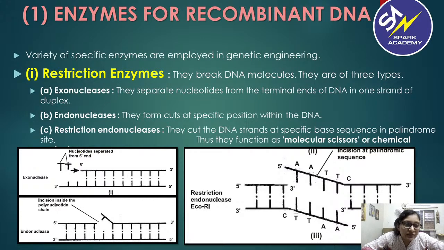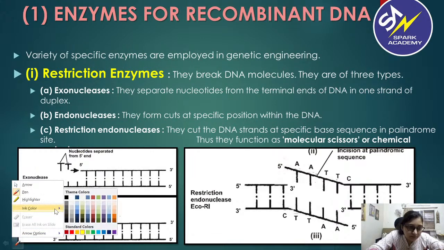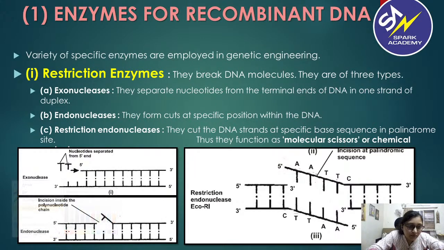See, this is an example of exonuclease, where it is cutting the DNA from the backside. Okay, exonuclease separates nucleotides from the terminal ends. Those types of restriction enzymes are known as exonuclease.